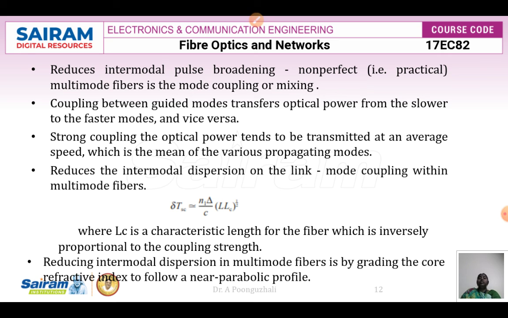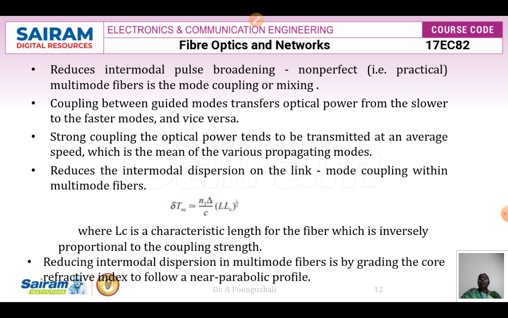Next is how we reduce the intermodal dispersion on the link, which is by using mode coupling within the multimode fibers. That can be obtained by delta TSC equivalent to n1 delta by c into L L_c in whole power half, where Lc is the characteristic length of the fiber, which is inversely proportional to the coupling strength.